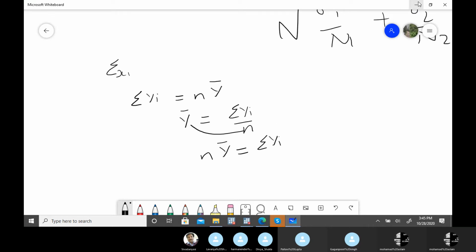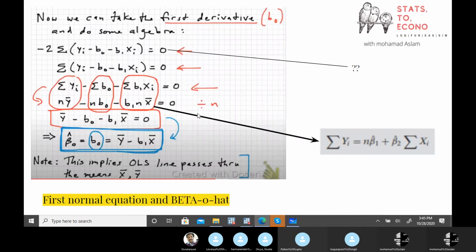So summation yi is equal to n multiplied by y mean. The constant with summation is just n, then minus, again in place of summation xi, we use n multiplied by x mean. Now equal to 0, the right hand side, from the first order minimum condition.